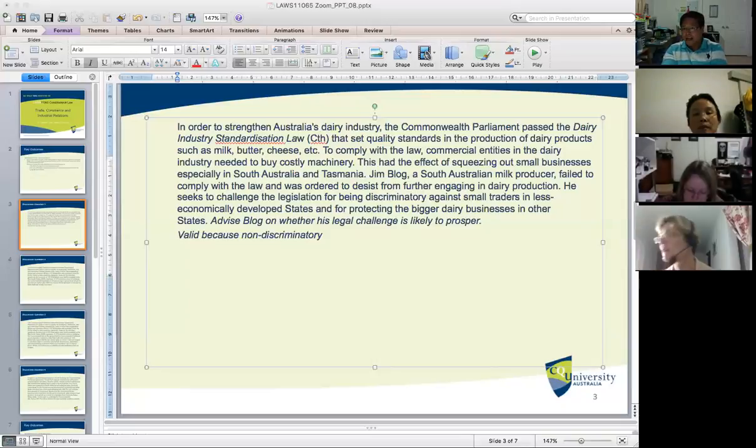There is a balancing in the sense that you need to determine whether or not the measures that are part of the legislation are reasonably proportionate or even reasonably necessary to the achievement of the goals. In other words, if there is some other means by which the same goals as set up by the Commonwealth Parliament could be achieved without coming up with very restrictive practices, then that which is non-restrictive would be preferred.